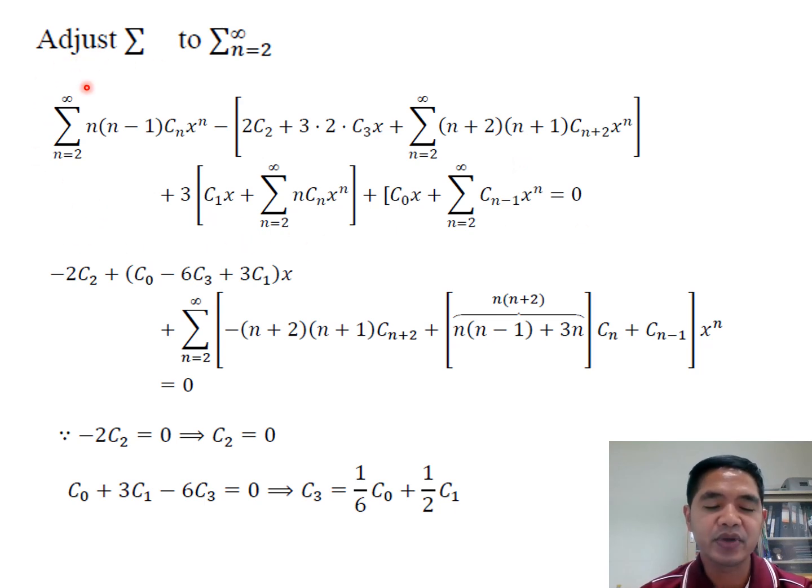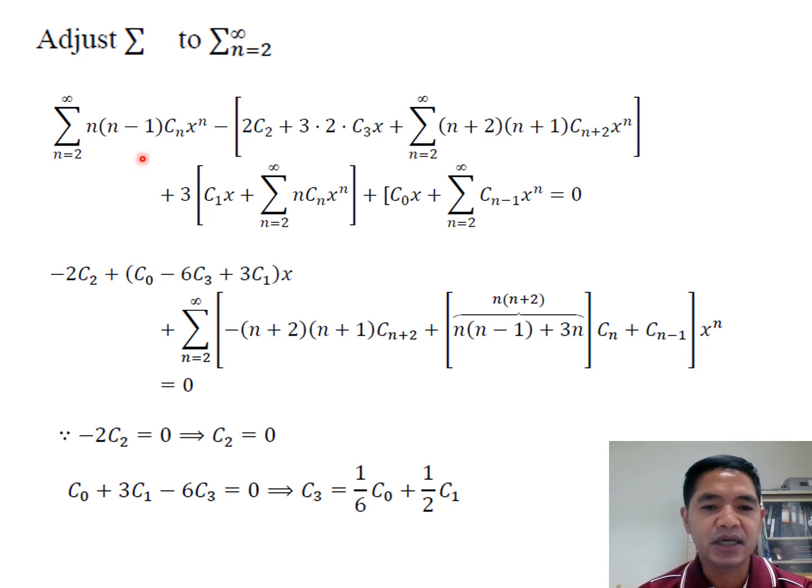In the next step, you look at the highest value of the summation form, which is n equal to 2. Then every term here in the problem, you adjust to n equal to 2 by substituting with 0 or 1, or whatever number until n equal to 2. In this case we substitute with 0 and 1.